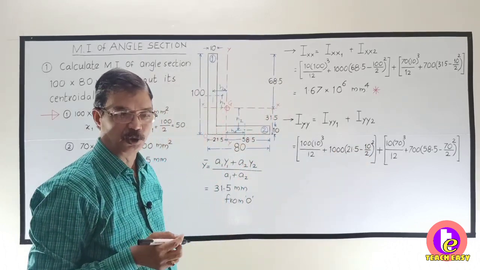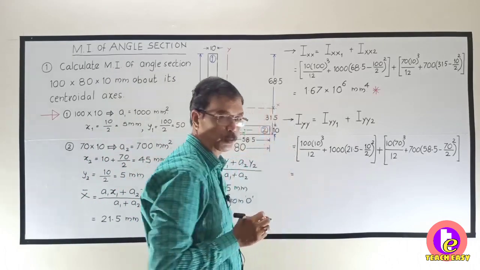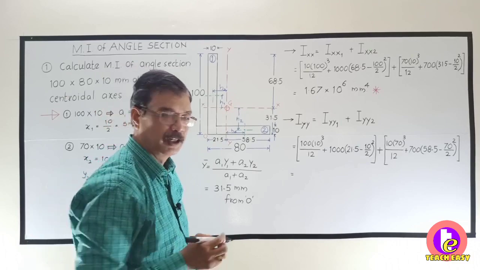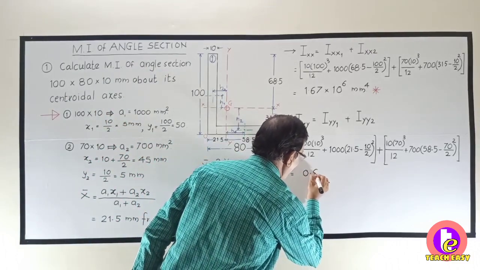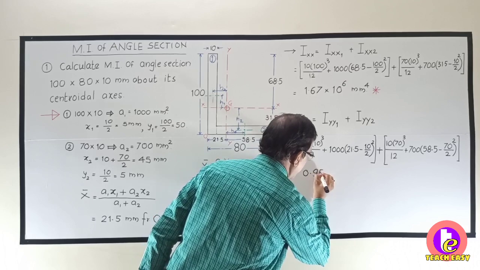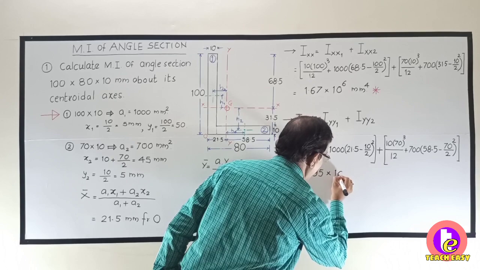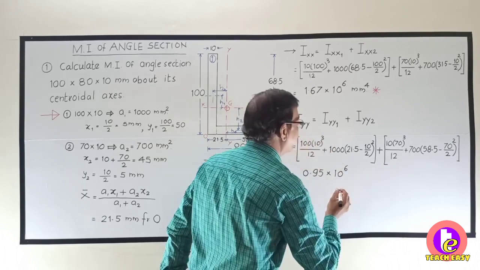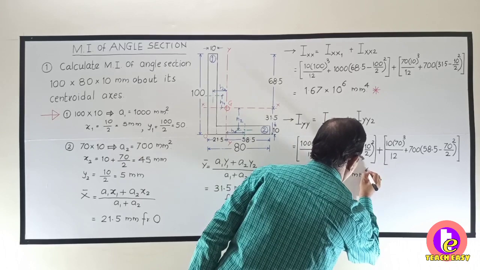That much practice you should have, and the answer comes out to be 0.95 into 10 raised to 6 mm raised to 4.